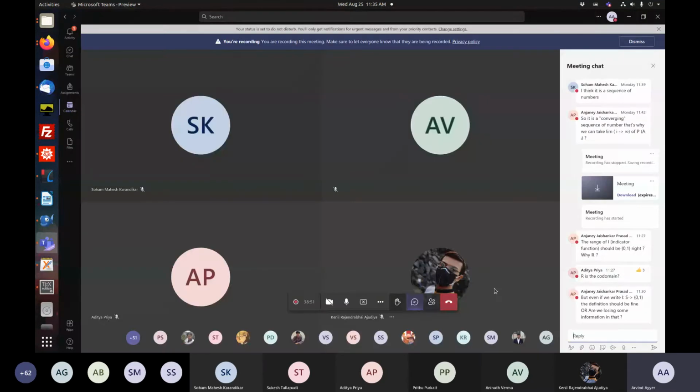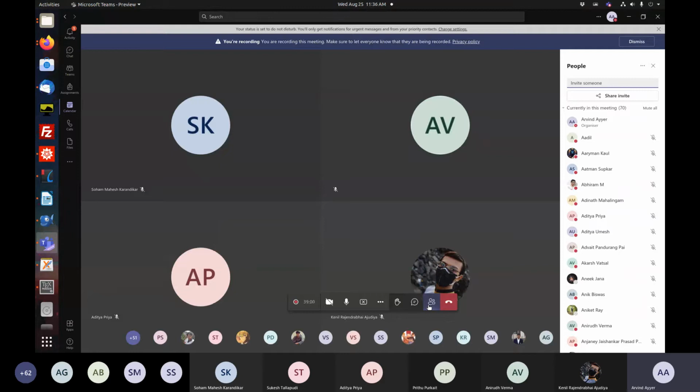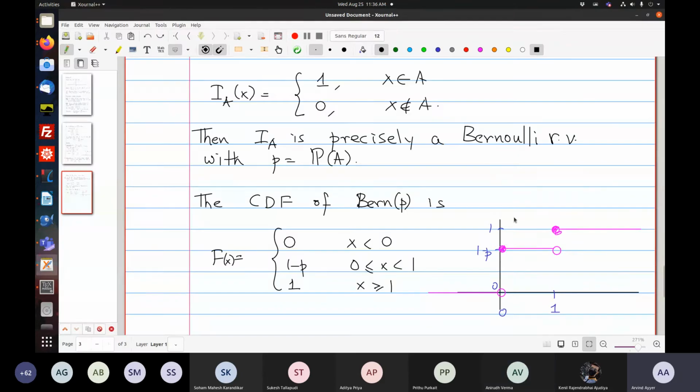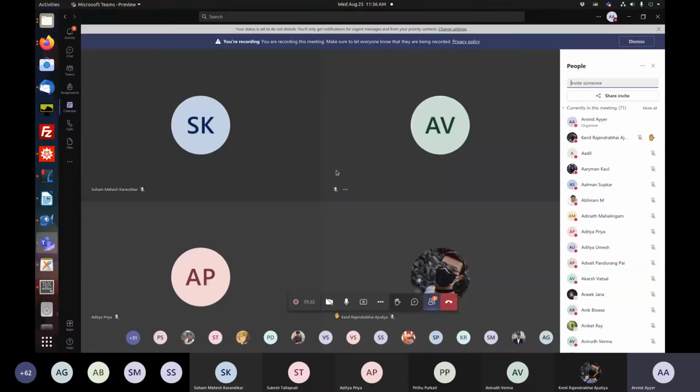If I care about some other property or some other event, some other random variable, then I'm going to need to know another PMF or CDF or what have you. You're not going to see an A somewhere here, except in this p, which is P of A.